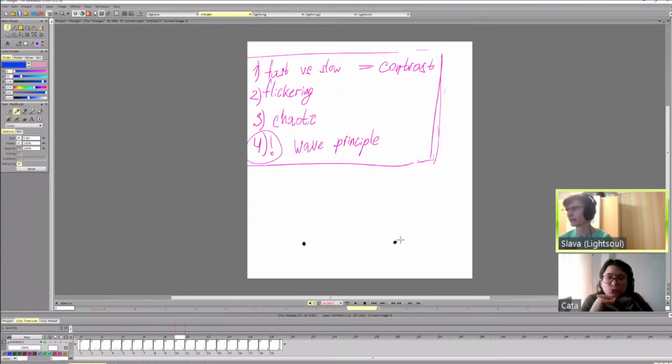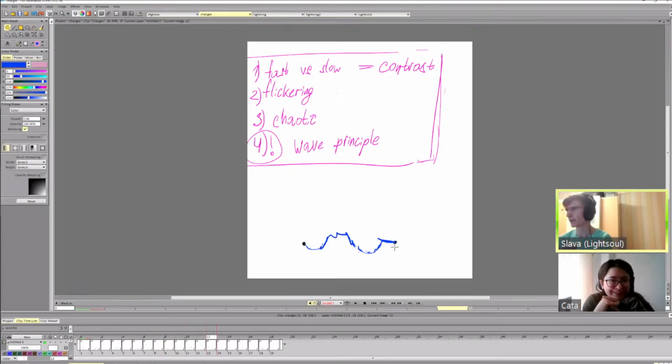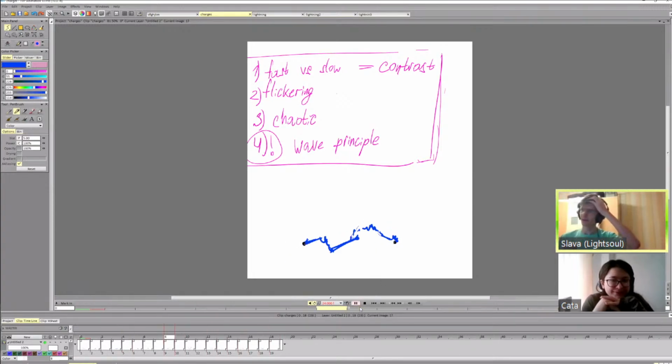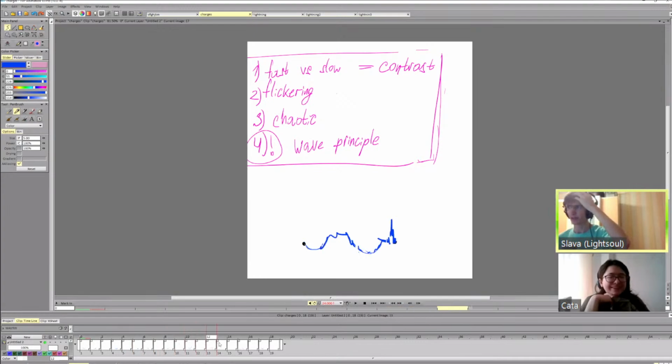Keep it like this. And here, we can make it really dramatic. And then it settles down. And maybe inverts a bit. Well, now it is a bit more like electricity. So that's kind of the gist of it.